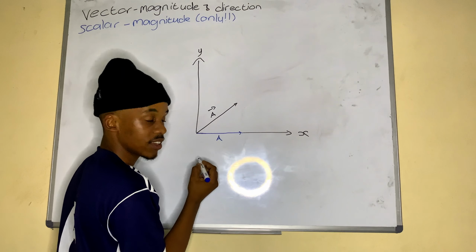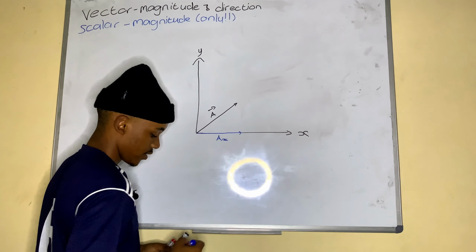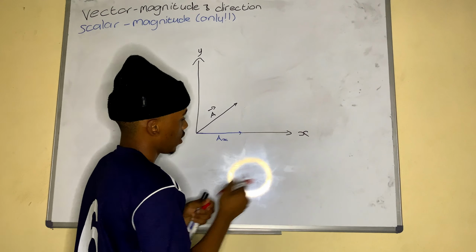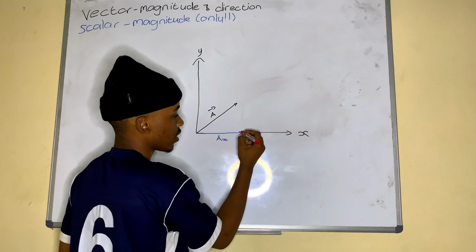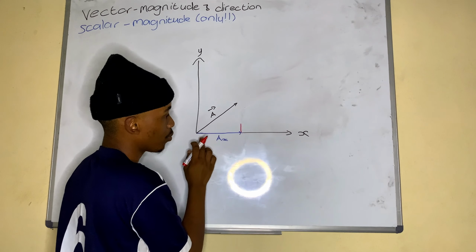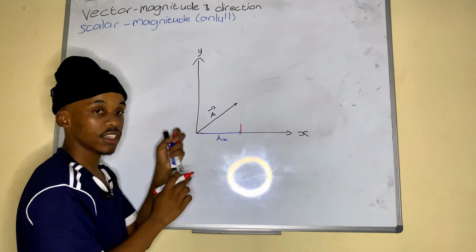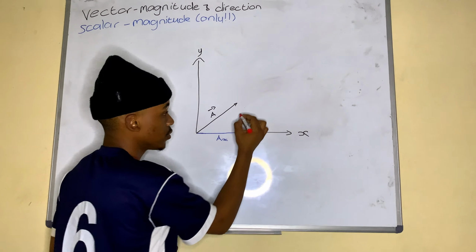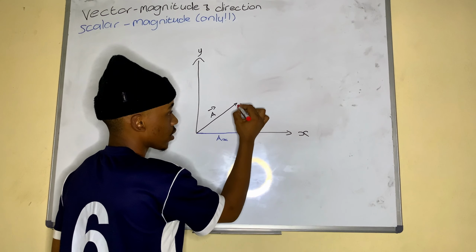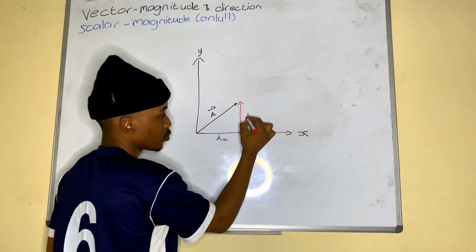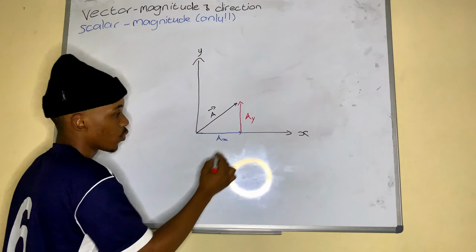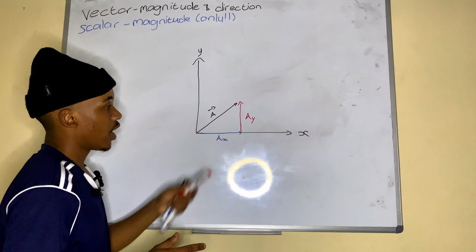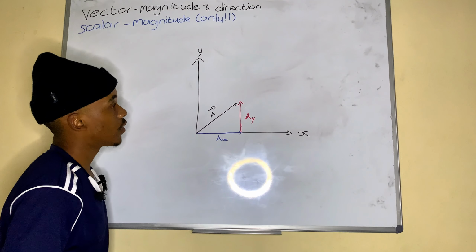And this we can represent as ax, and since we've said that a vector can be made out of two components, which are the x component and the y component in a 2D coordinate system, we can express this as ay, which would be the vector from the x-axis up until a point along the y-axis.